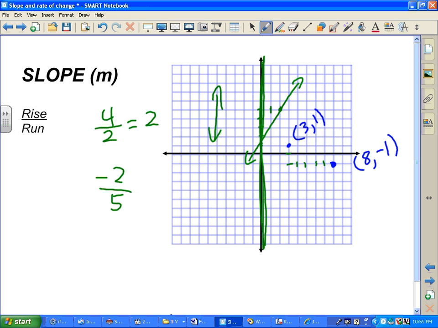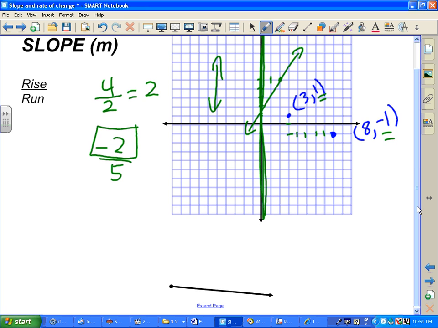If I subtract my y's, will I get the negative 2 that I want? And if I subtract my x's, because the x's are the run part, going horizontally, will I get what I want?